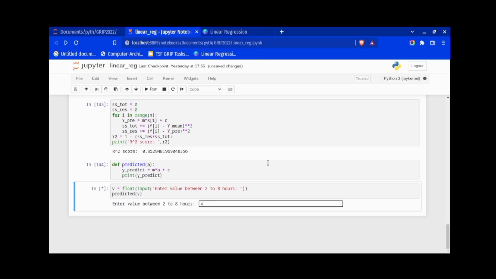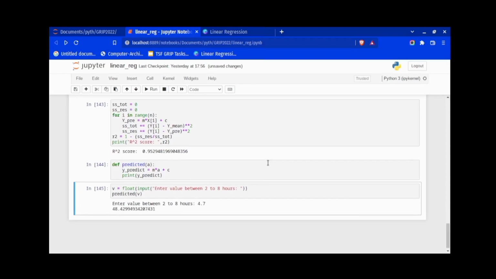I am entering 4.7. We obtain the value 48.429 as the score. So we are obtaining an R square score of 0.9529, which is a very good score, as it is near 1. Thank you all.